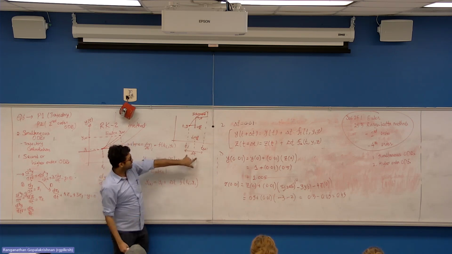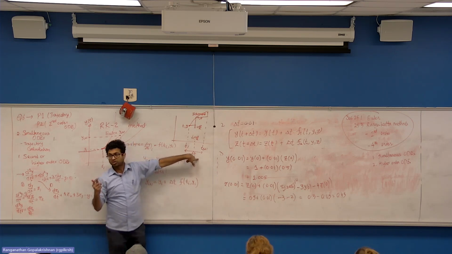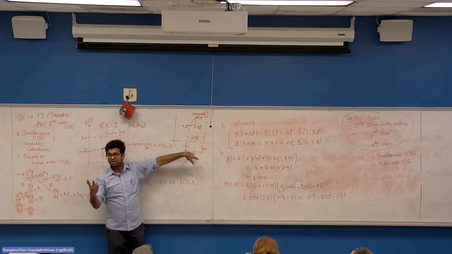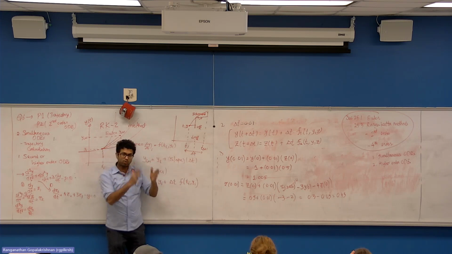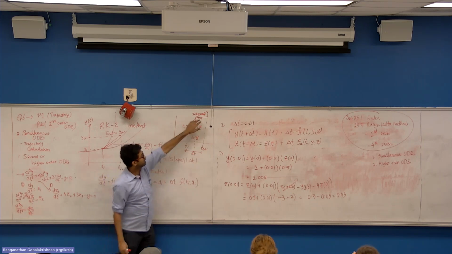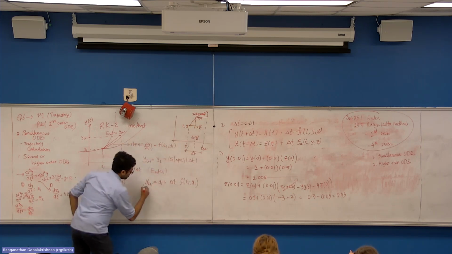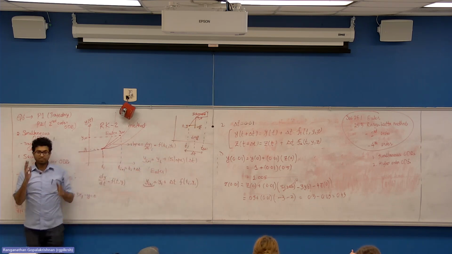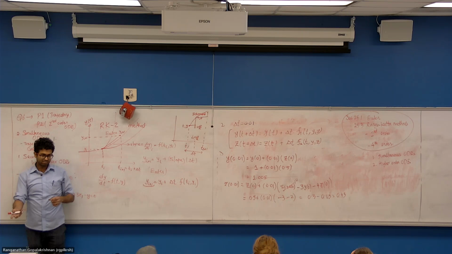It's like you are taking this delta t segment, chopping it into two segments, and then using two applications of Euler method to come up with a better approximation for the yi plus 1. That is RK method. Chop the segment into two steps, repeatedly apply Euler method and get the answer.